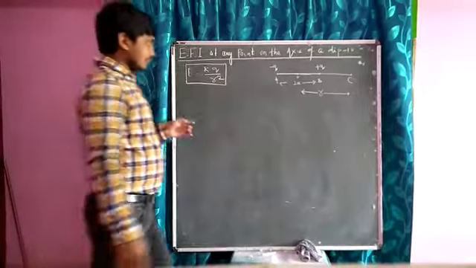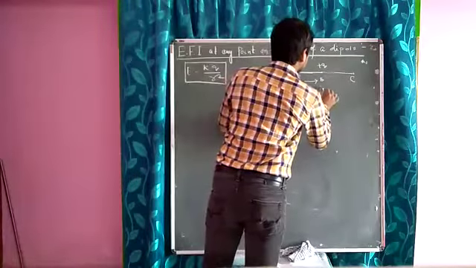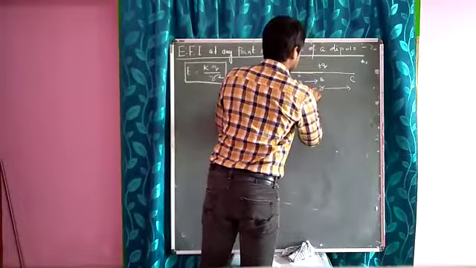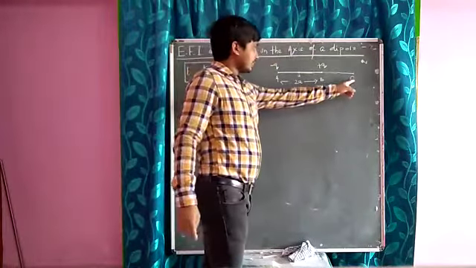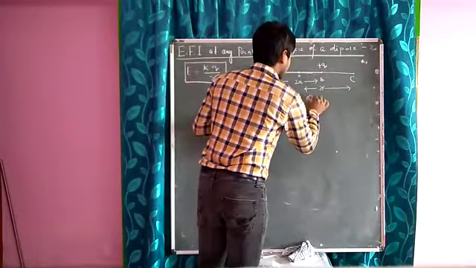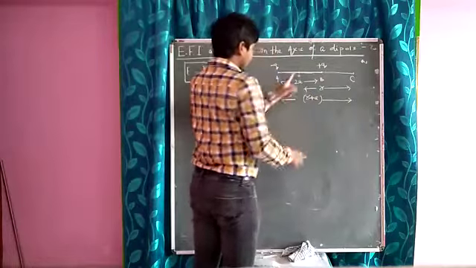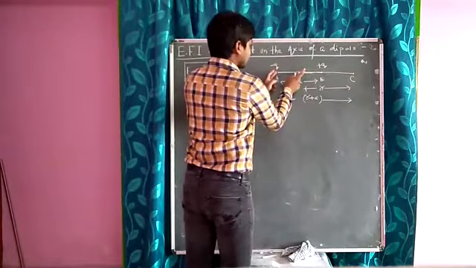Similarly, I can say now the distance of this point C from the charge minus q is r plus a, because up to this distance is r and this much is a.